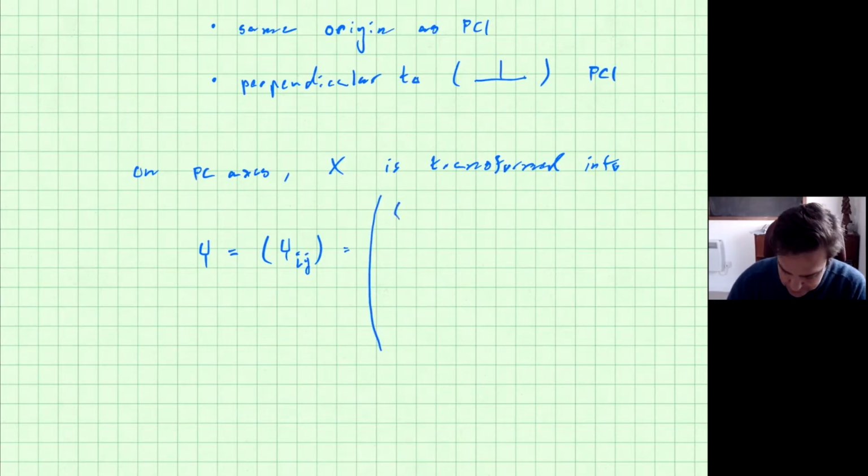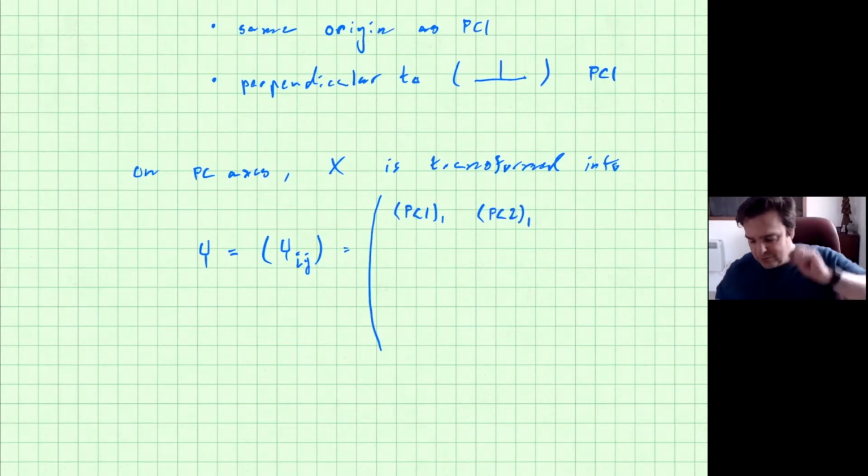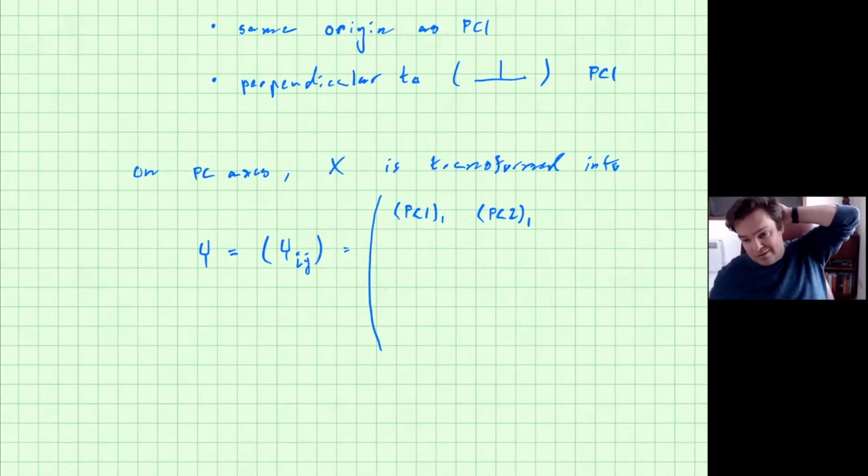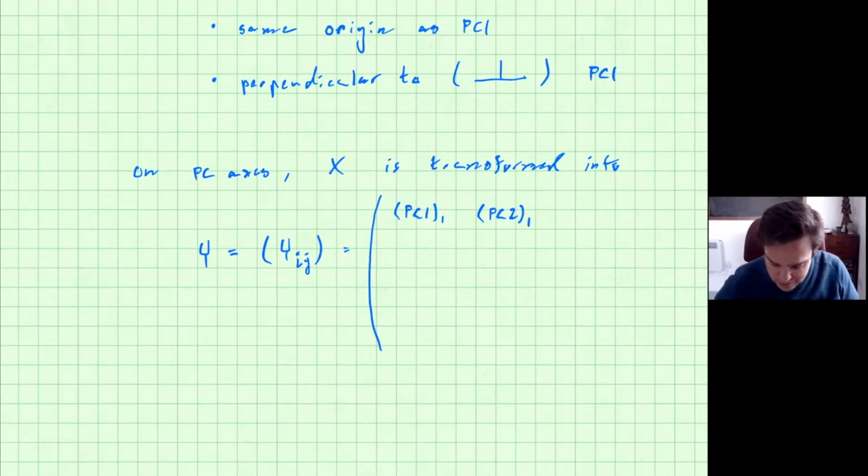The first element at the top left is PC1,1. And this guy is PC2,1. Those are the principal component locations for the first data point. And so on. So this is PC1,2, PC2,2, and then down the line.